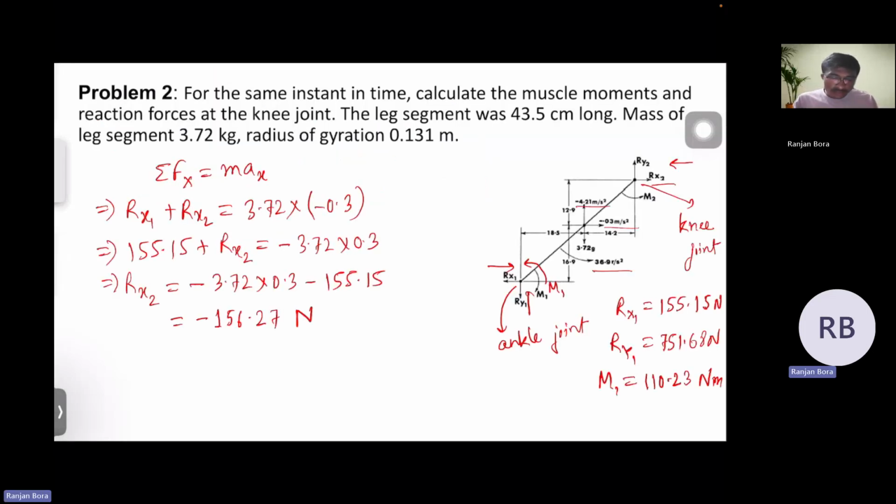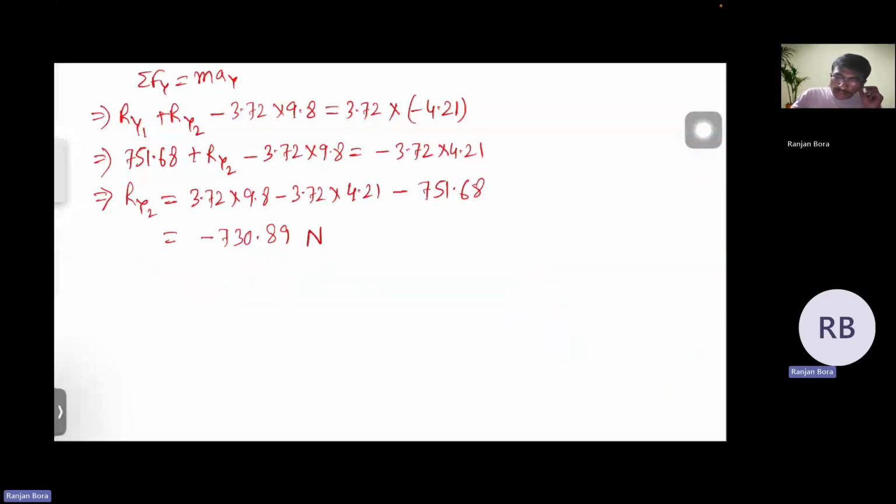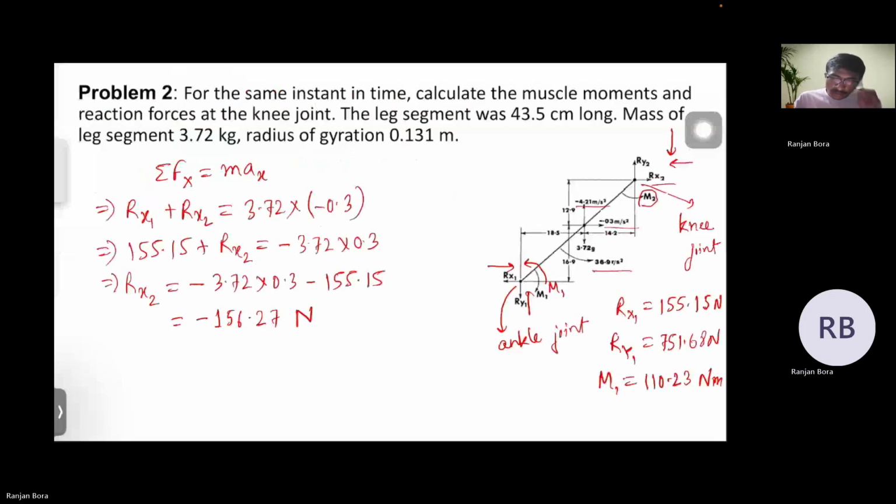Now we need to find out the reaction moment, which is M2. So here in this problem, we can see that the moment of inertia is not given. So we need to first calculate the moment of inertia.